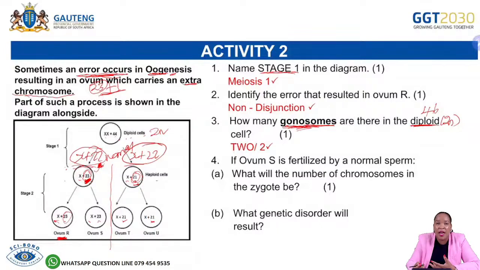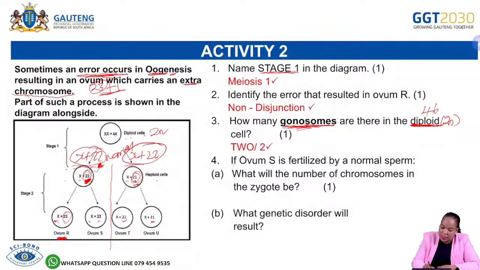So if it is a female cell, not an ovum, because an ovum is N. Be careful with that one. This one is a diploid cell, the one that has already fused, like your zygote. So how many gonosomes will be there? You will have one from the mother, one from the father, and then XX or XY. So there will be 2, right?